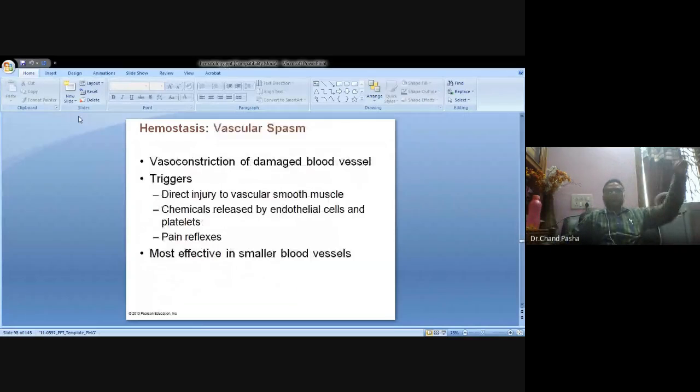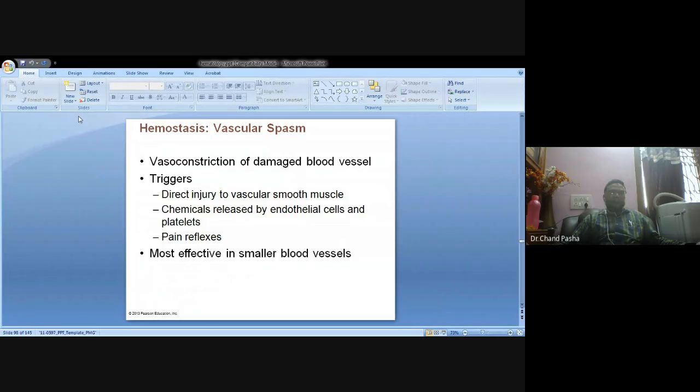So first, vascular spasm. What do you mean by spasm? Spasm means getting a fluid over there, an edema kind of thing, some fluidic nature. Vascular is blood. So whenever there is a cut or an injury, there is vasoconstriction.